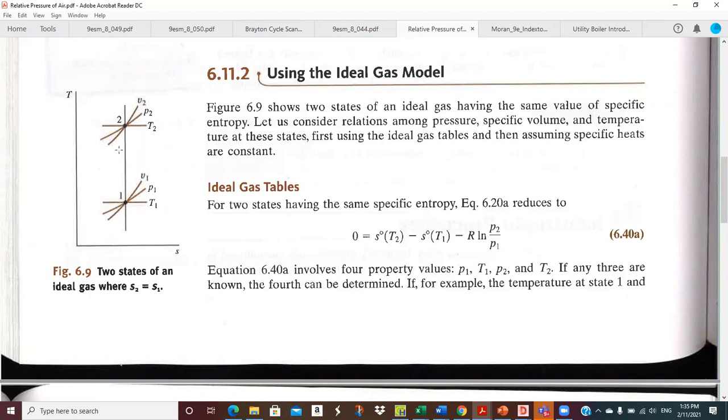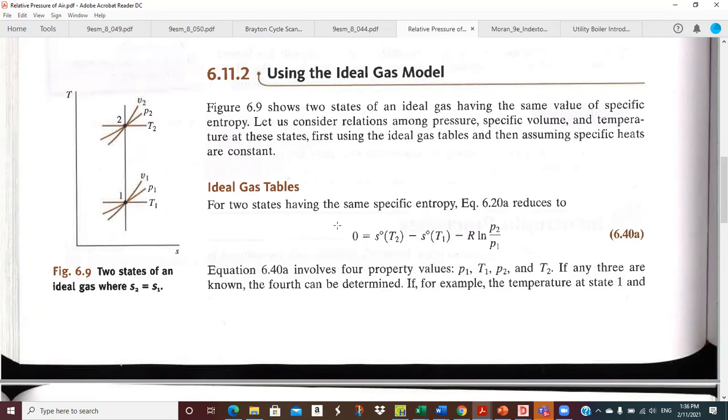These little swishy lines are just lines of constant specific volume, pressure, and temperature. They don't need to be there for our discussion, but the author of the book wanted to put them there. This equation in general is for an entropy change for an ideal gas.